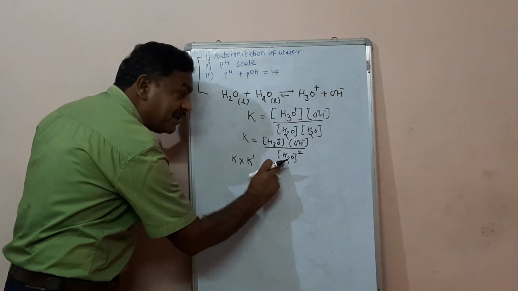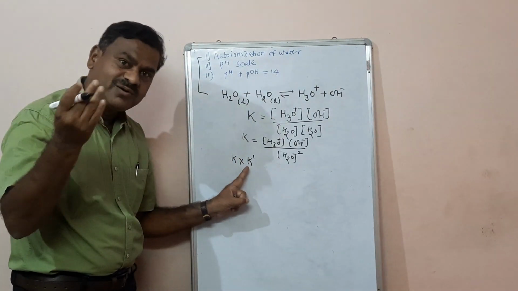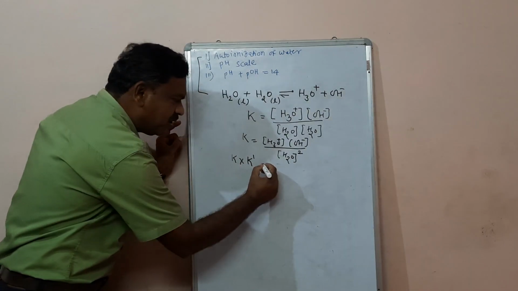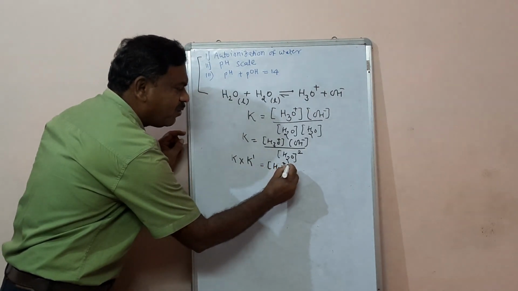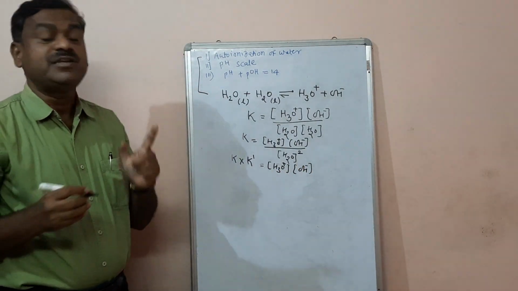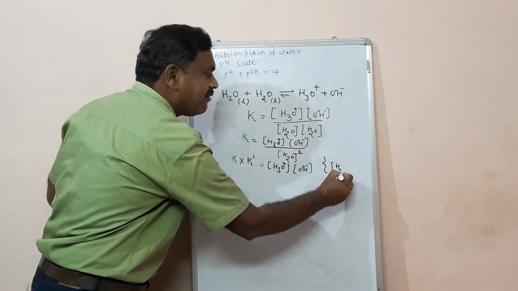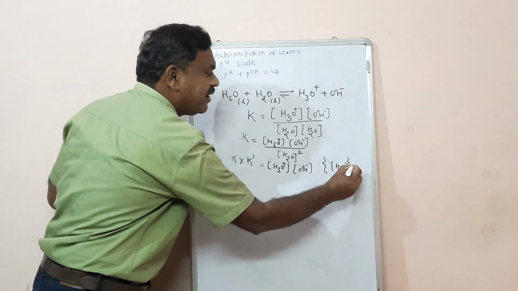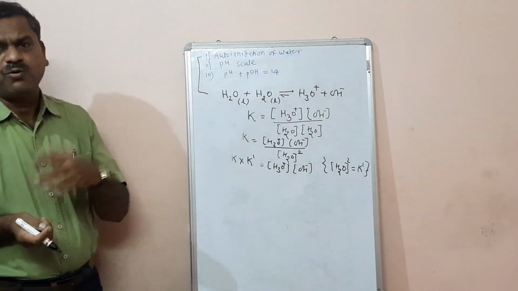Means instead of that H2O, we can write this K dash or another constant. Then K is equal to the molar concentration of H3O plus into molar concentration of the hydroxyl ions. Here, the concentration of H2O in square equals K dash. That is another constant.